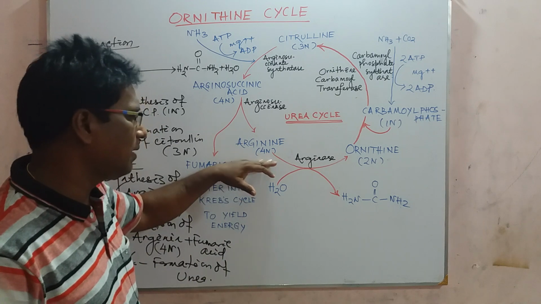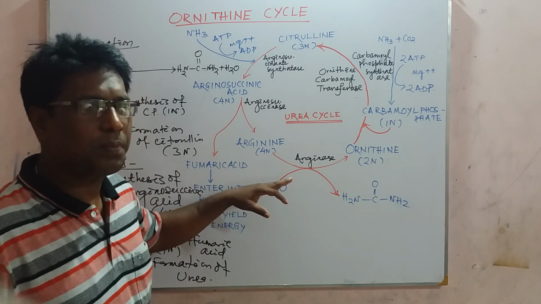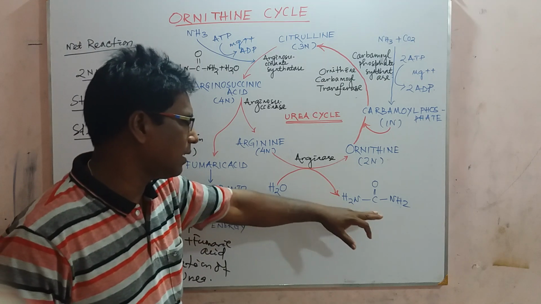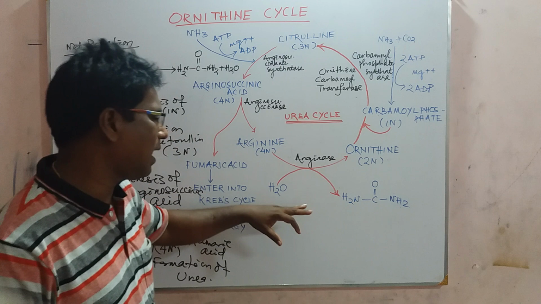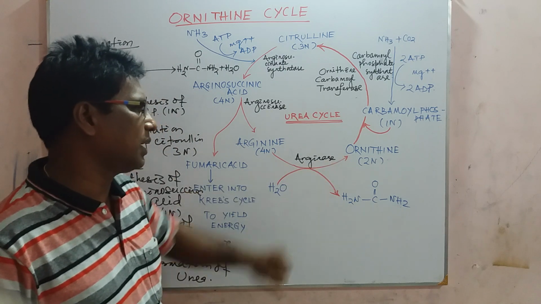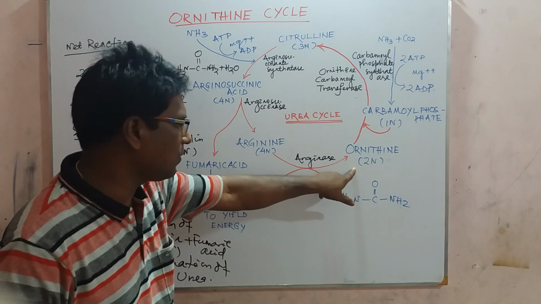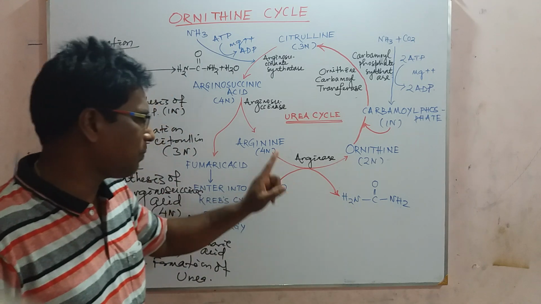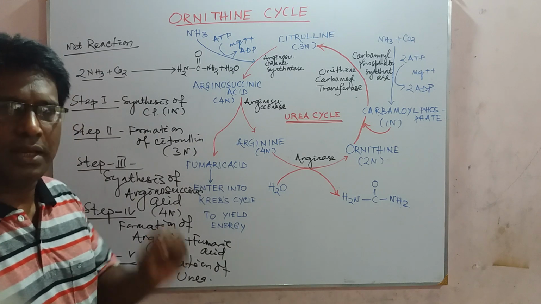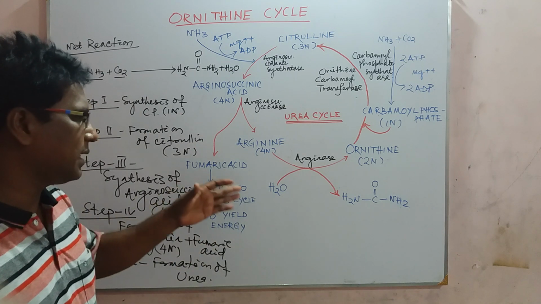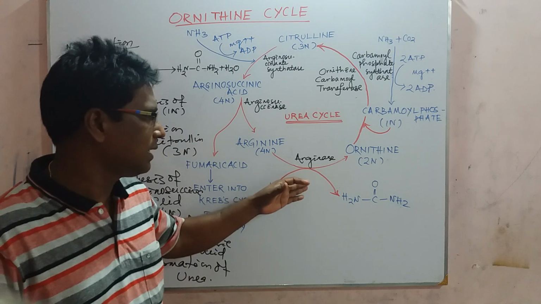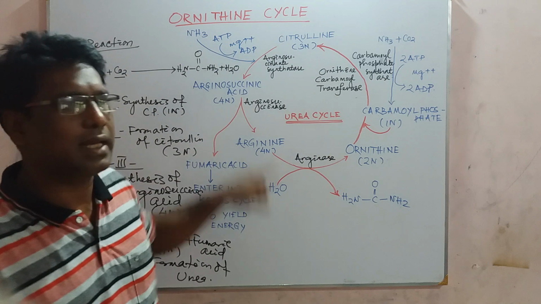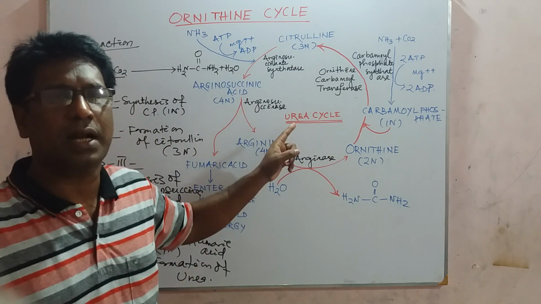So arginine 4N, in presence of arginase, releases a molecule of urea, water and ornithine. Ornithine is 2N and urea is also 2N. So at the final step of this process, urea is formed from arginine in presence of arginase, and ornithine is also formed, which continues in the urea cycle for further formation of urea.